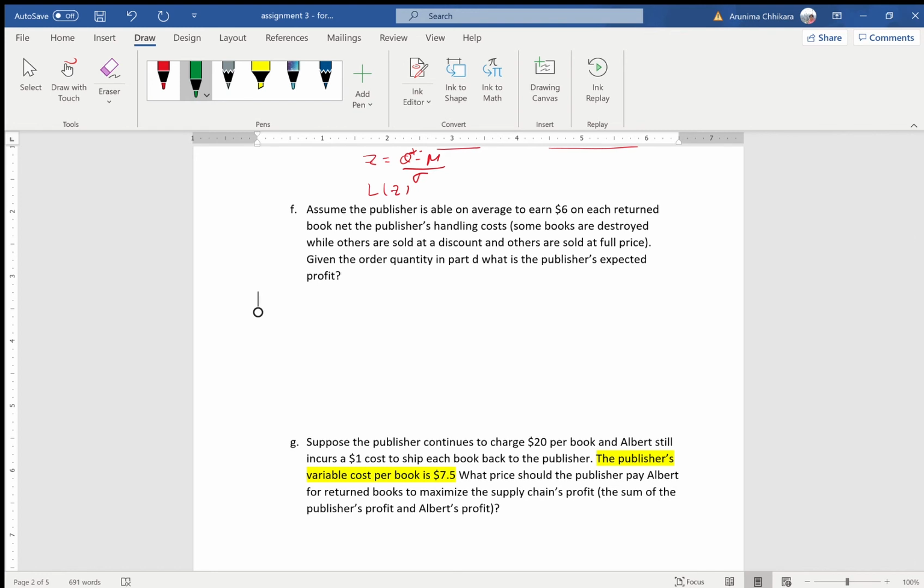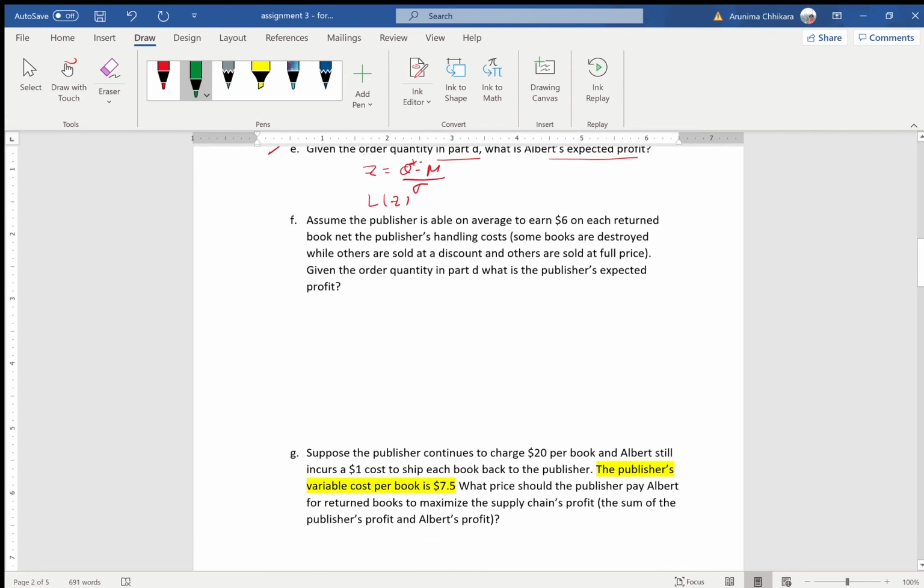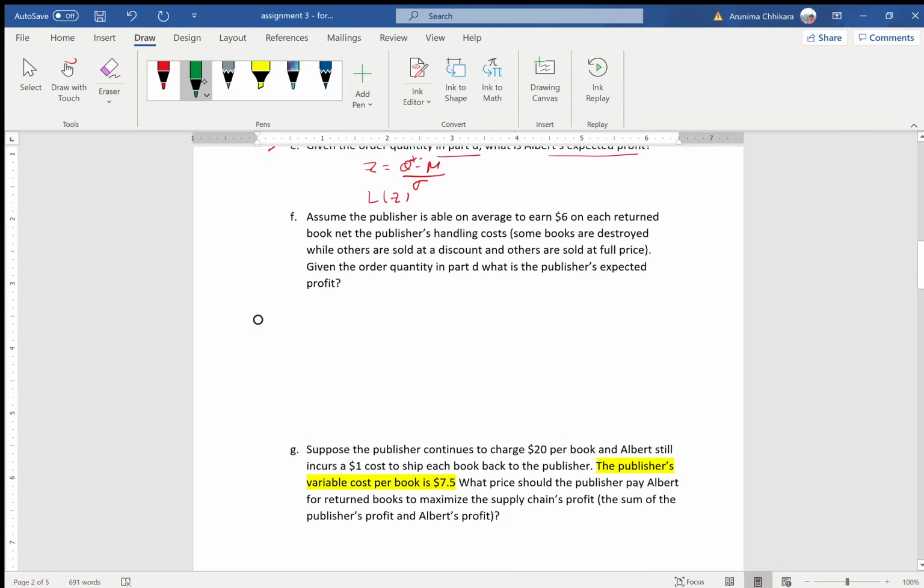So first of all, the publisher makes money by selling its books.